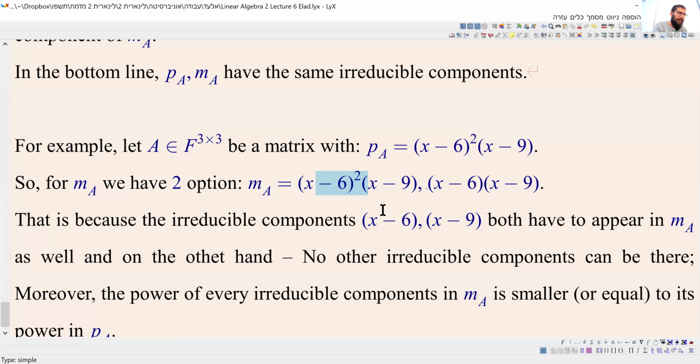And on the other hand, the power of every component cannot be greater than its power in the characteristic polynomial, because MA divides the characteristic polynomial, not vice versa. So the components here must appear in MA. And because we have this power of 2 in the characteristic polynomial, in the minimal polynomial it can be not 2, but 1. So we have two options.